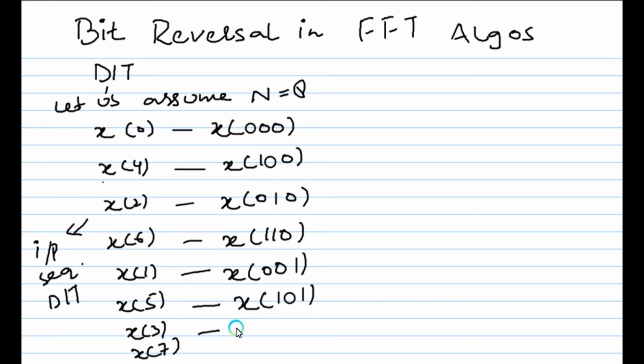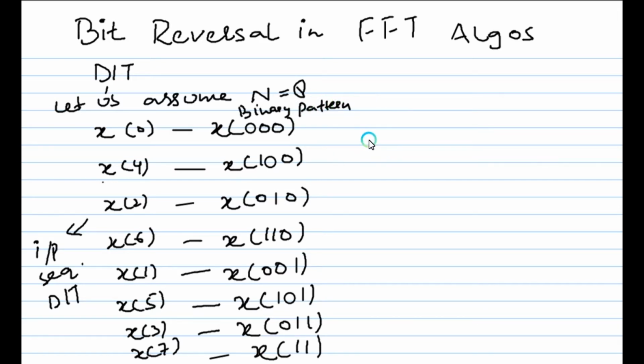Similarly, x of 3 as 0 1 1, and x of 7 as x of 1 1 1. This is a representation in binary pattern.